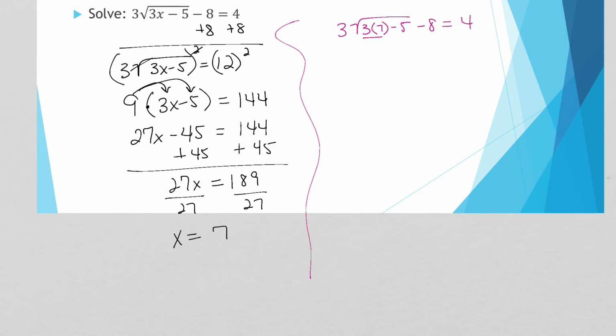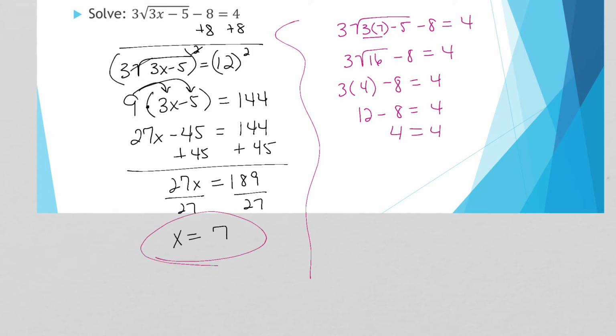So 3 times 7 is 21. 21 minus 5 is 16. So 3 times 4, once you take the square root of 16, you drop the radical. So I've got 12 minus 8 equals 4, and I've got 4 is equal to 4. That's a great answer. We did good.